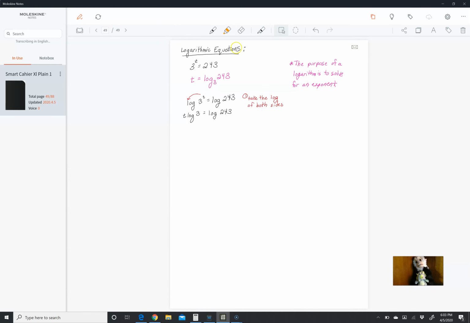And that would be our second step in these problems, is to take the exponent and move it into a coefficient. And notice what is happening here. We're using that second rule, that power property of logarithms, to help us.